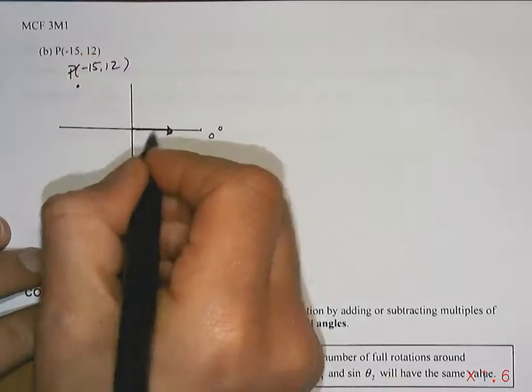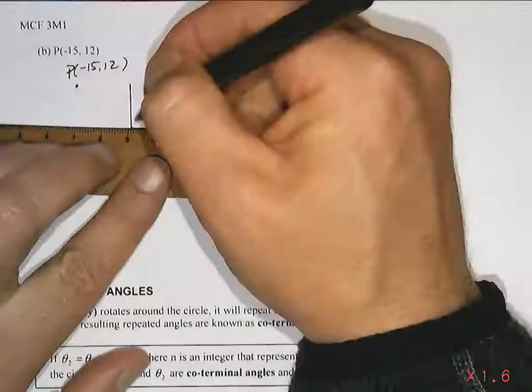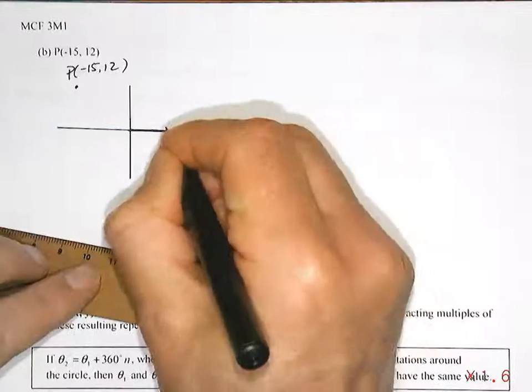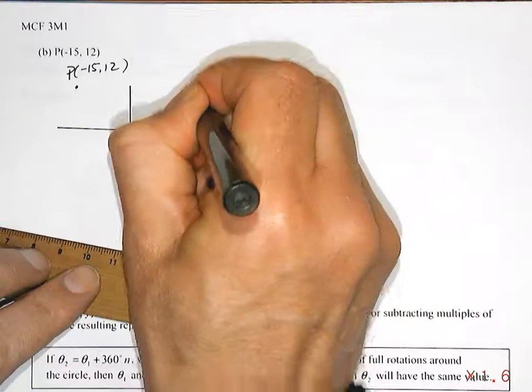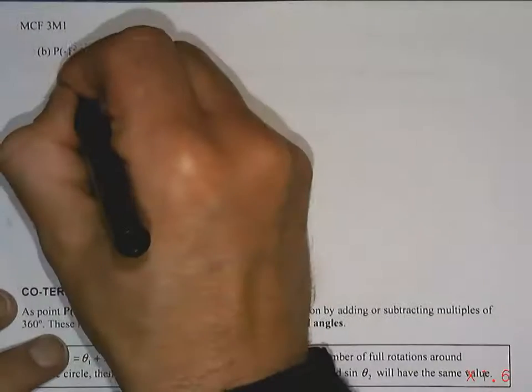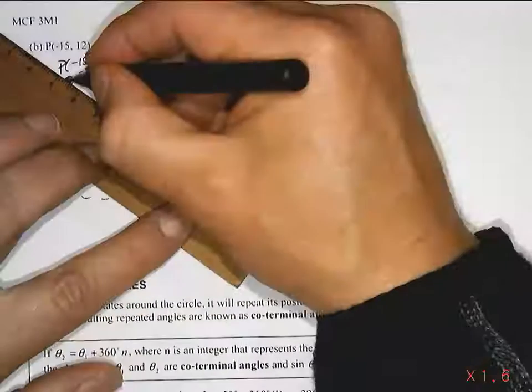Okay, so this arm is rotating all the way around. Now I made that a little bit short. Maybe I can make it a little bit longer. So we'll bring it out here maybe. And we're going to envision this being rotated in a big circle all the way around so that the terminal arm goes through this point, which means we're going to end up here.